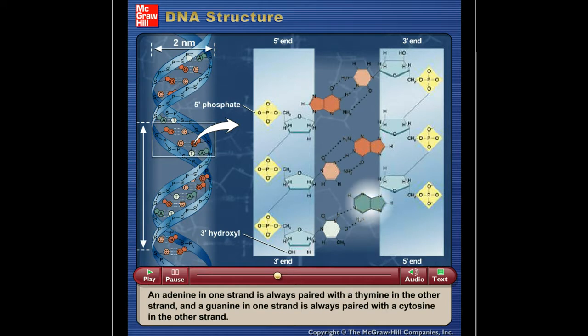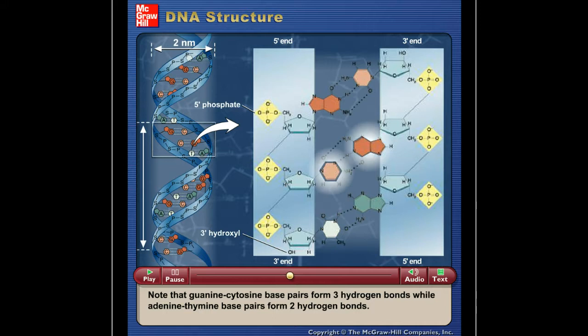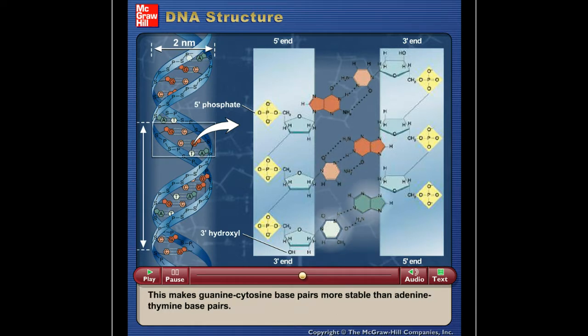An adenine in one strand is always paired with a thymine in the other strand, and a guanine in one strand is always paired with a cytosine in the other strand. Note that guanine-cytosine base pairs form 3 hydrogen bonds, while adenine-thymine base pairs form 2 hydrogen bonds. This makes guanine-cytosine base pairs more stable than adenine-thymine base pairs.